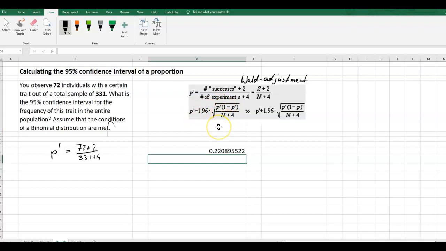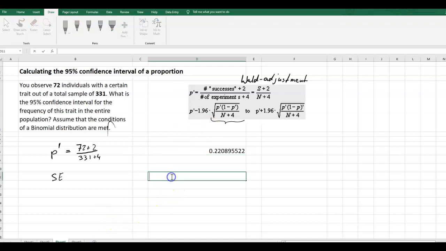First of all, we can calculate the standard error, which is this part here in this equation. So let's quickly do that. The standard error equals the square root of what we just calculated, this value, times 1 minus this value.